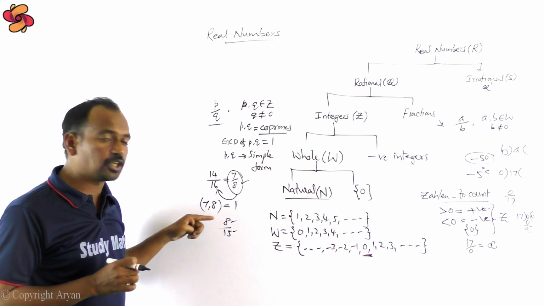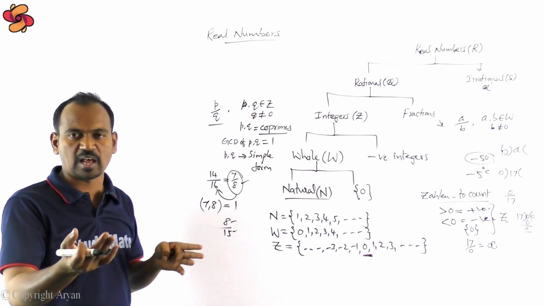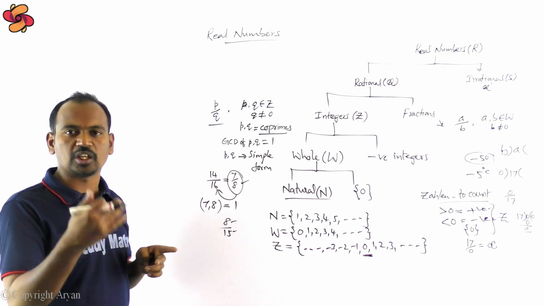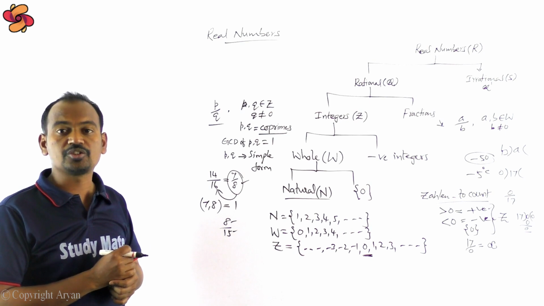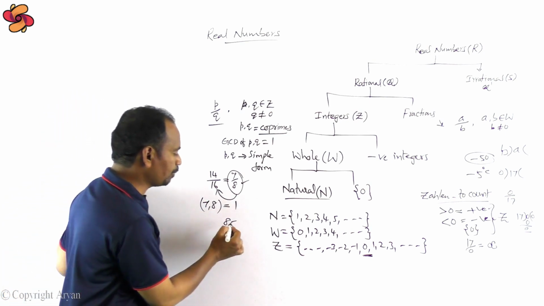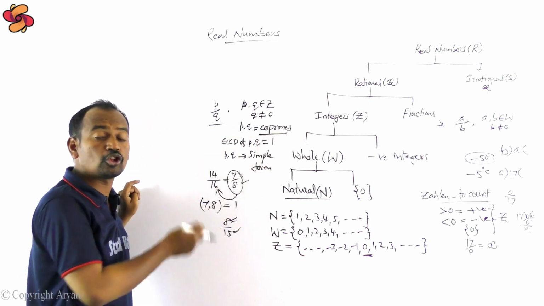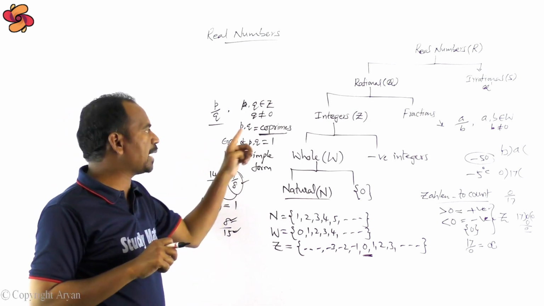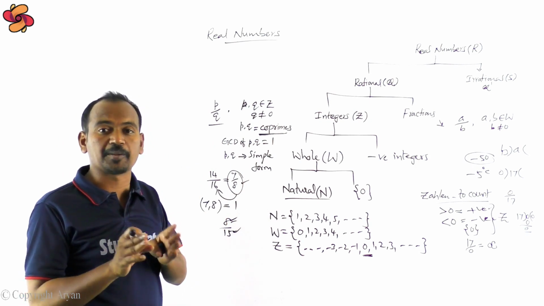These two numbers will not be divided by any common number. 8 can be divided by 1, 2, 4 like that, and 15 can be divided by 1, 3, 5, 15. But is there any number that divides both? No. So 8 and 15 are said to be co-prime, even though they are not prime. That's why this point is important here: co-primes need not be prime.